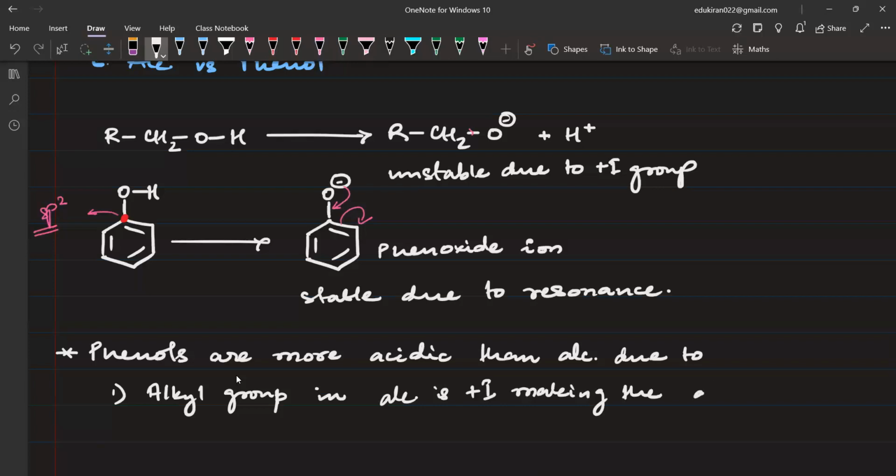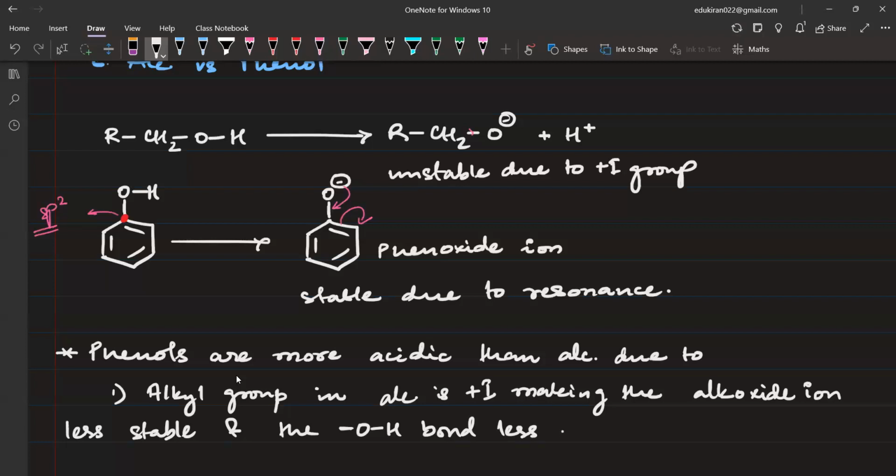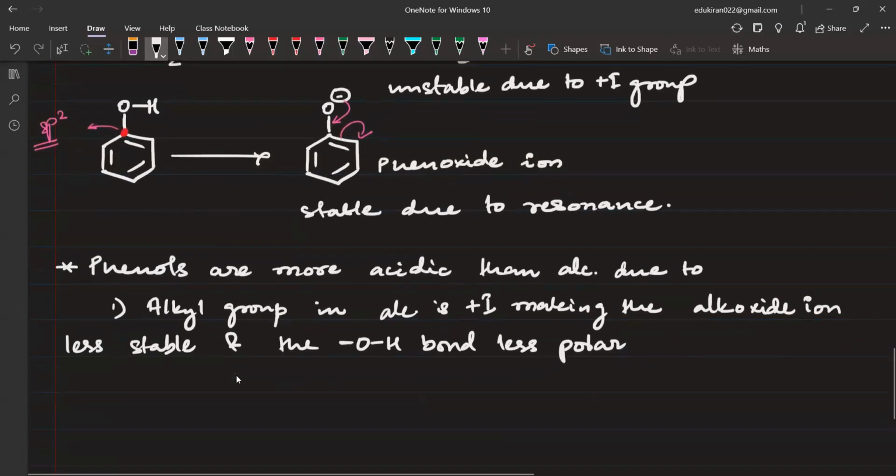The alkoxide ion less stable and the OH bond less polar. Okay, this is the problem with the alkyl group.